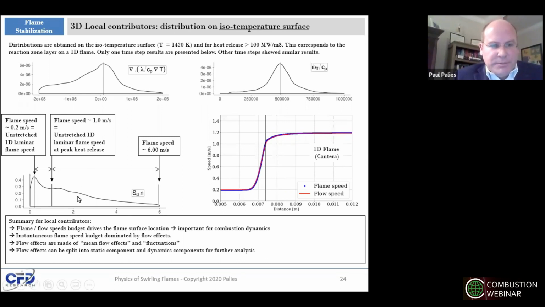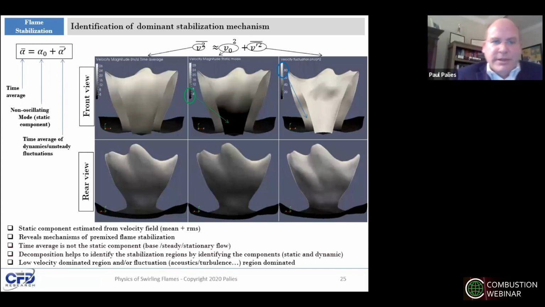As the flame speed increases, the occurrence decreases, but we reach pretty high values of flame speed here, which is attributed to the strain. And by doing this approach, we can, like I say, investigate the stabilization mechanism.